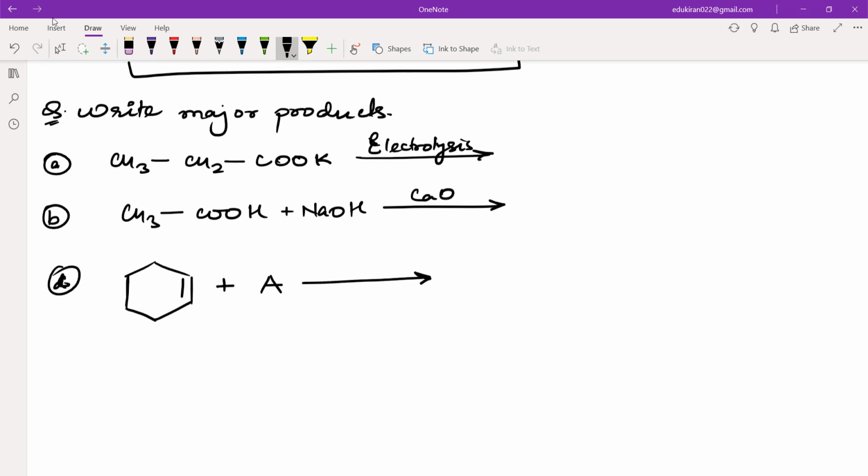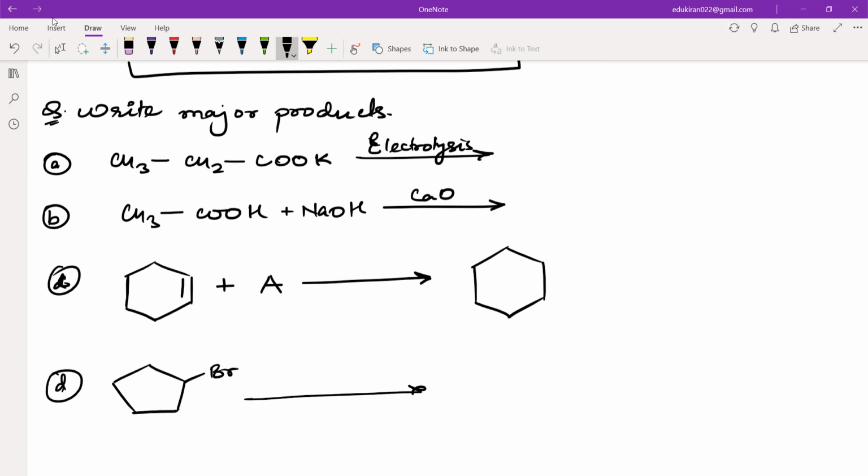So you have to tell me what do I have to use in the reagent. Okay, so these are the 4 reactions. That is homework for you guys. Okay, so write this down.